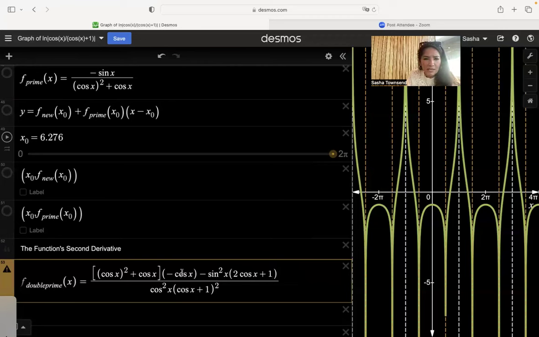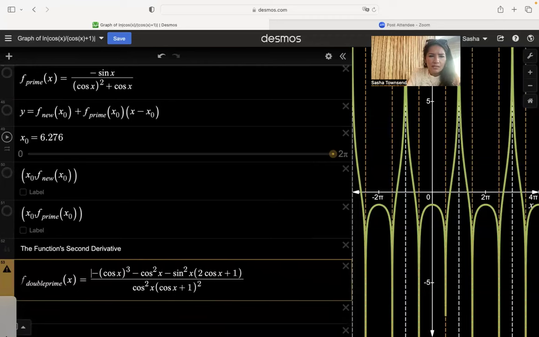And then if I distribute this negative cosine of x here and here, I get a negative cosine of x quantity cubed. And then negative cosine of x times negative cosine of x is negative cosine squared x. So that's what we've got.